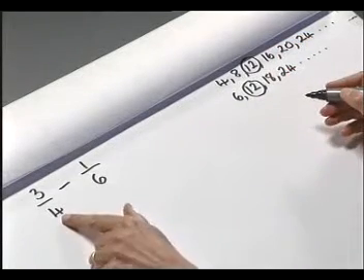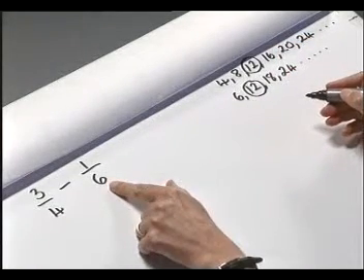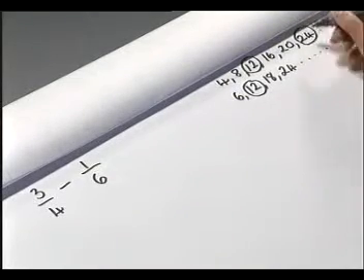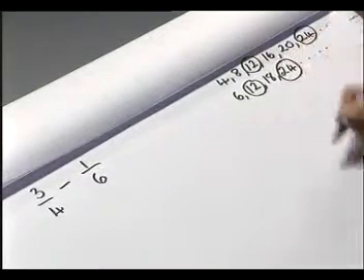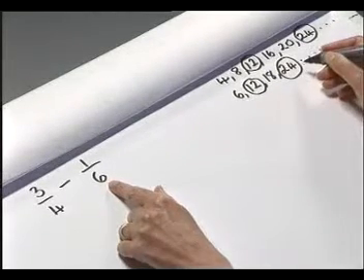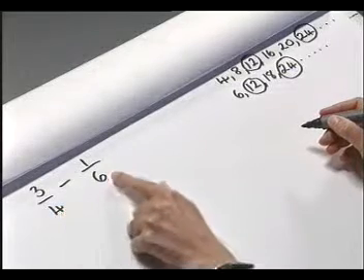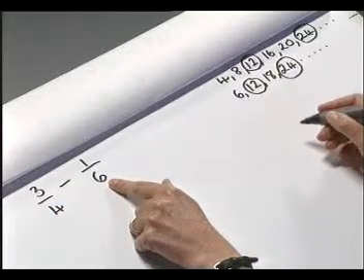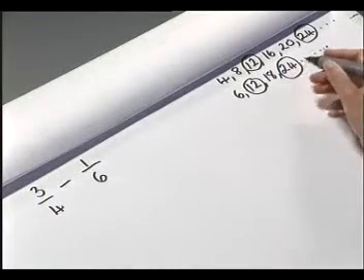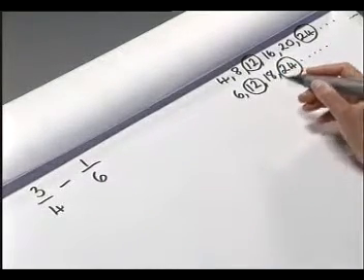12 is a common denominator. Both 4 and 6 fit into 12. But also there's another one here, 24. And both 4 and 6 fit into 24. And in fact, if we multiply 4 and 6 together, we get 24. But as you can see, in this case, that's not the lowest common denominator.